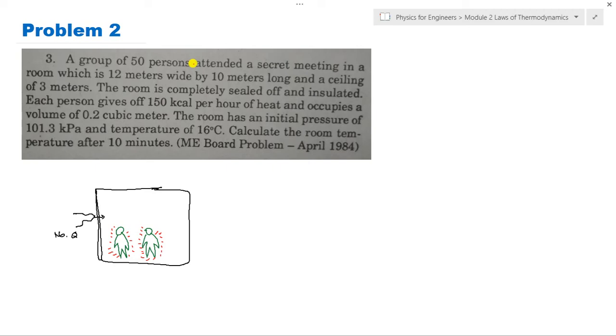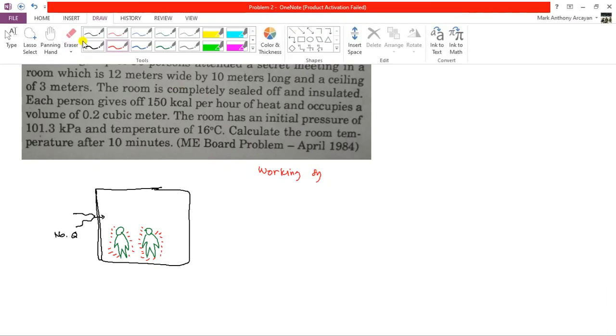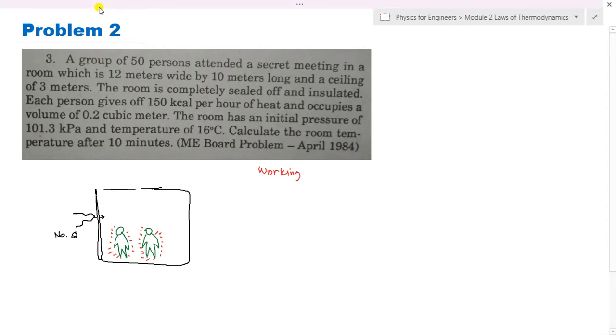Why? Because the system we consider is the working substance, so that you won't get confused by including the people or anything else. So if we try to pick our working substance, our working substance here is air.